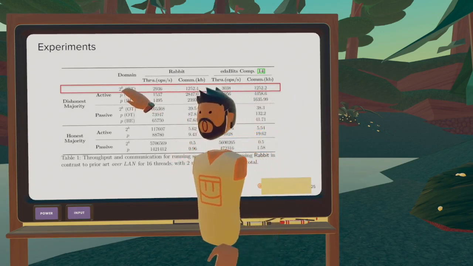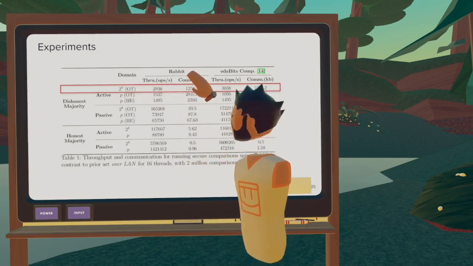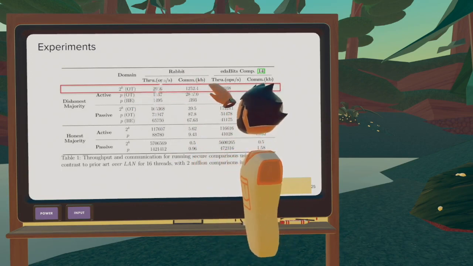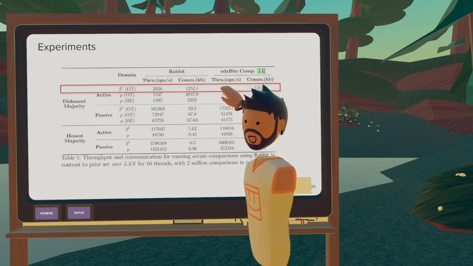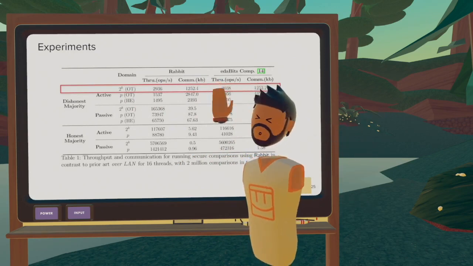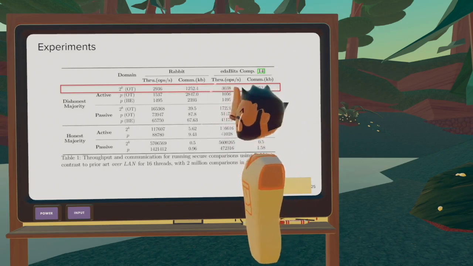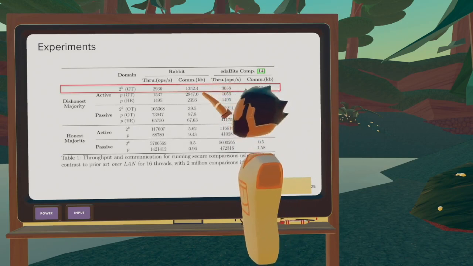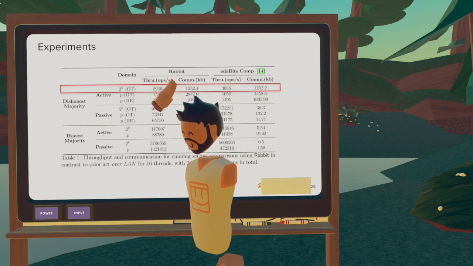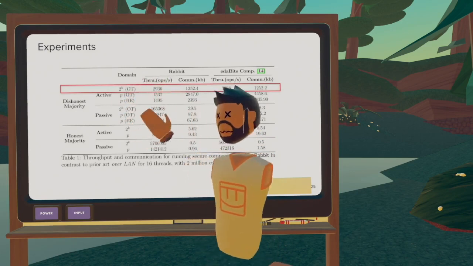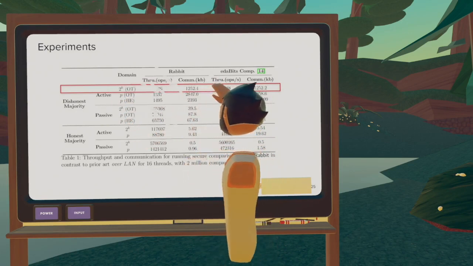For the ring case, we see that the throughput is very close to the EDABIT protocol, where EDABIT is at this point one of the fastest ways of computing comparisons. But Rabbit surpasses it in some cases. So for the ring case, it's the same.